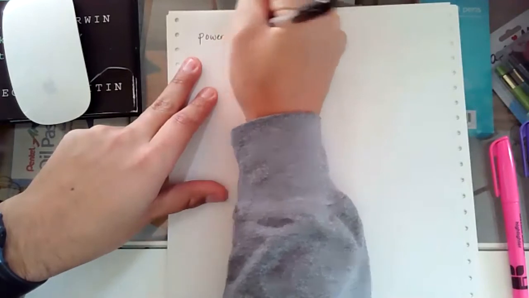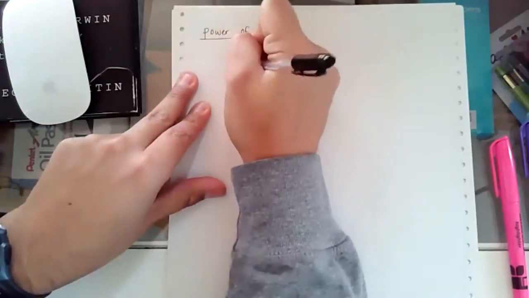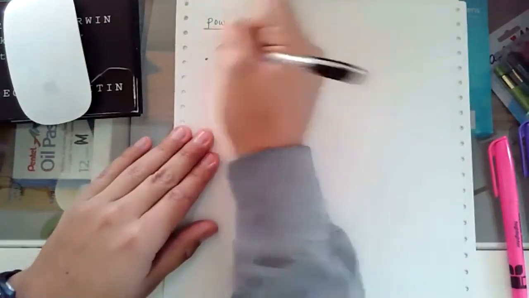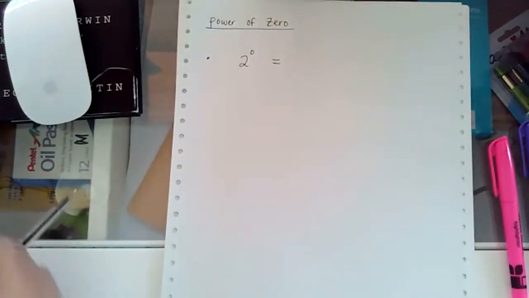Power of 0. Can anybody tell me what 2 to the 0 power is? It's either got to be 2 or 0. Well, we hedged our bets.